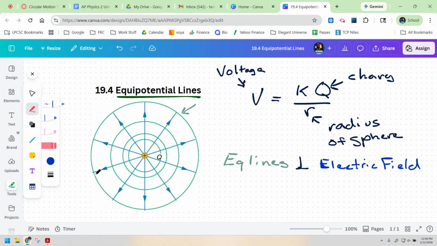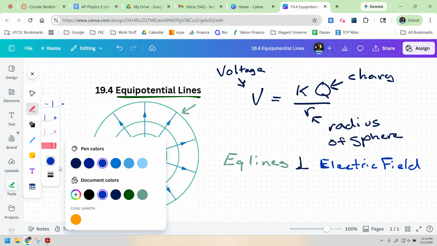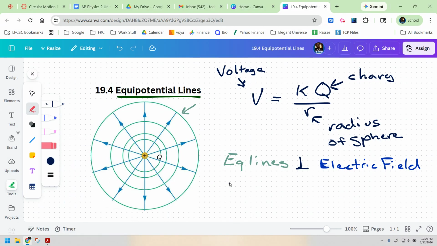Okay. And so it's important to know that they're perpendicular to each other. No work is required to move a charge along an equipotential, right? So, in other words, if you move something along the equipotential line, there's no work that's required. So we'll write that down. Delta V equals 0.